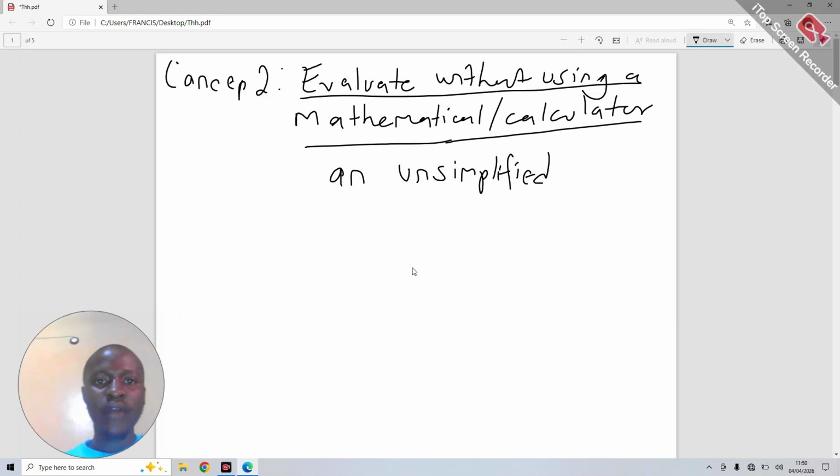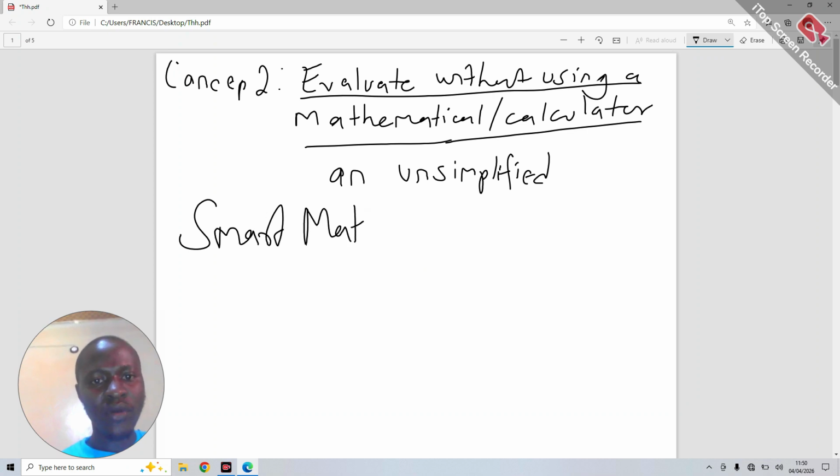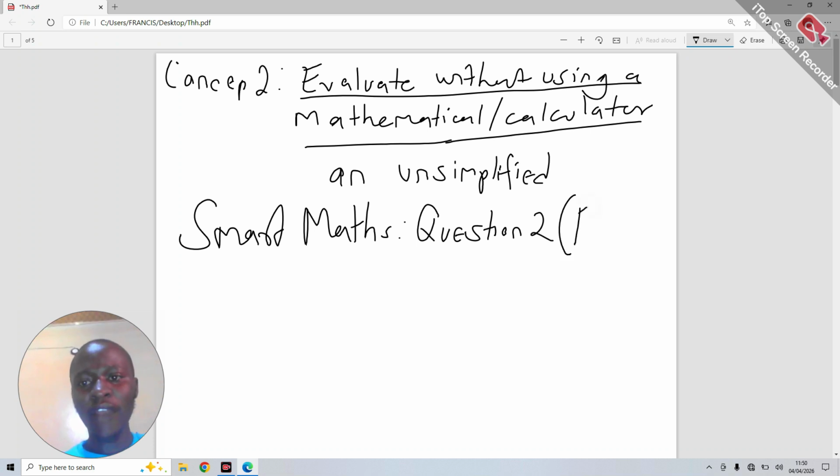Okay, if you have a smart maths book, go to question number 2 on the topic further logarithm, exercise 5.